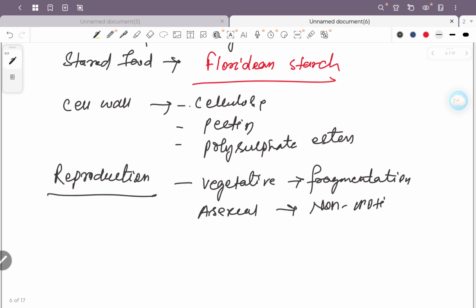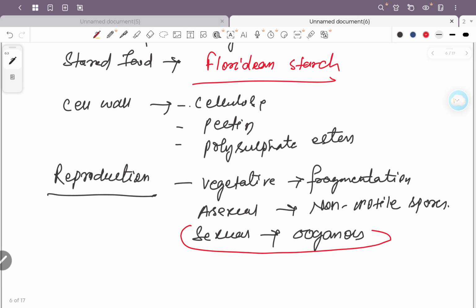Previously it was biflagellated zoospores, but these are non-motile spores. And sexual reproduction is only oogamous. Remember, sexual reproduction is only oogamous, and the gametes are non-motile.